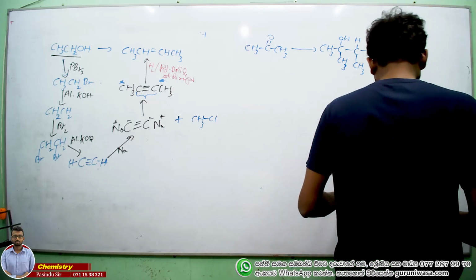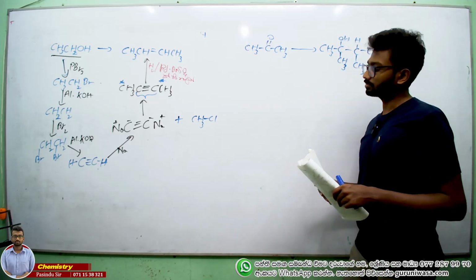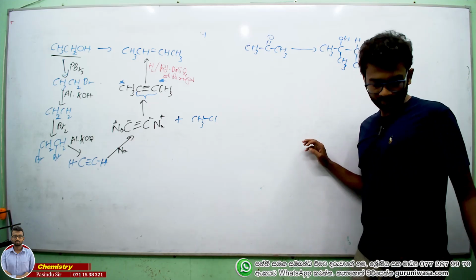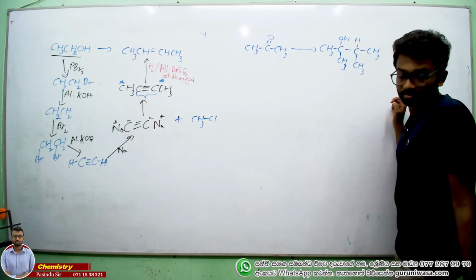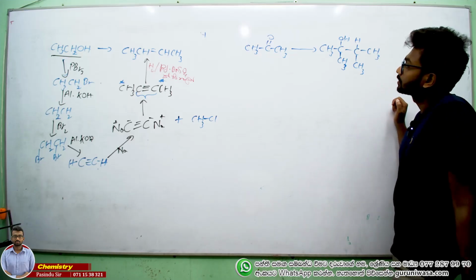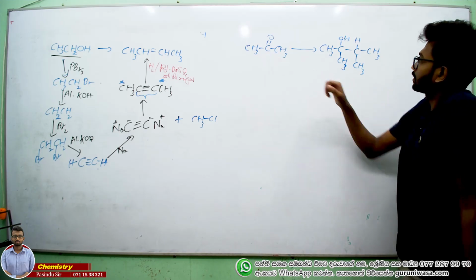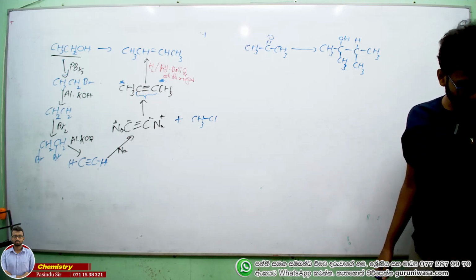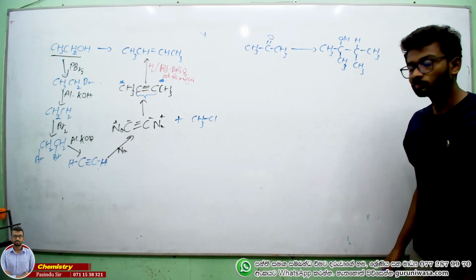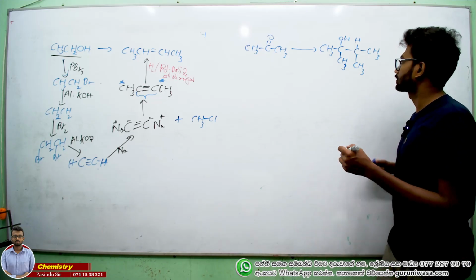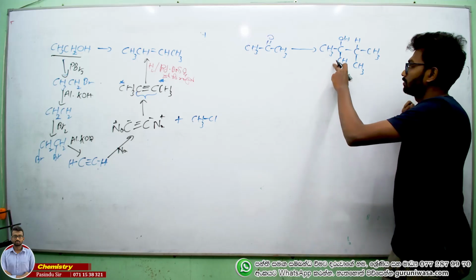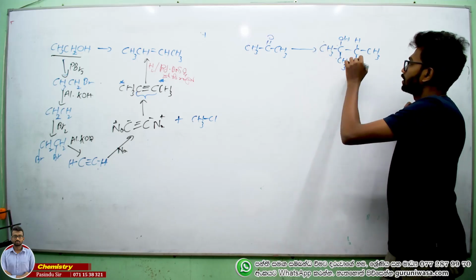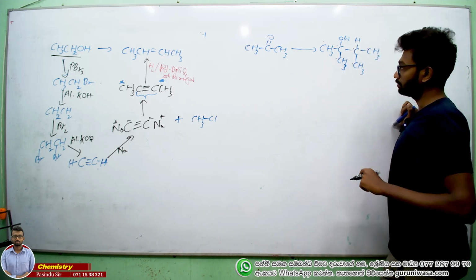Right, so what you can see when you're looking at the conversion, right? Here there are 3 carbon, and look at the final product: 1 2 3 4 5 6.